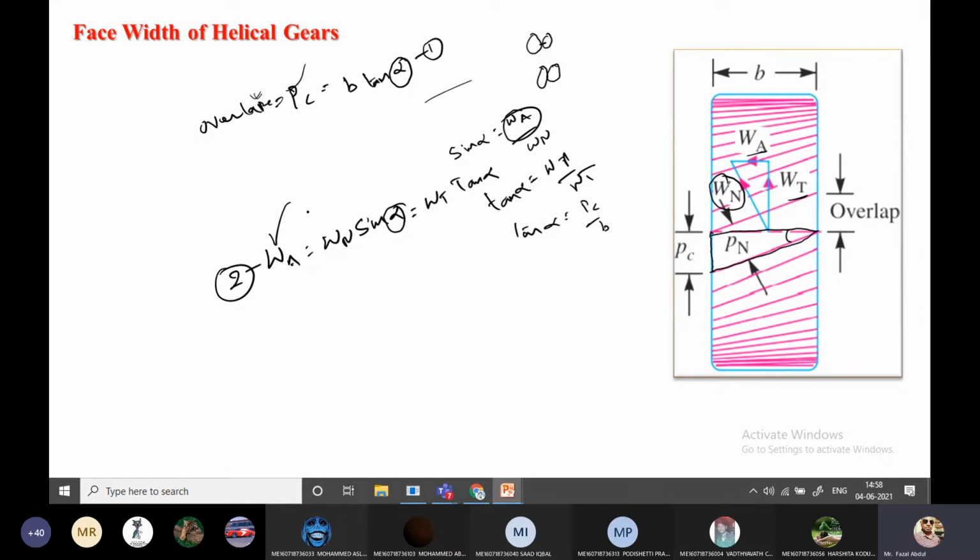This axial thrust is not desirable for the design of helical gears, and there are chances of failure of the helical gear when the value of WA increases. To overcome this failure, the standard statement is given: the overlap, otherwise axial pitch, should be 15% greater than the Pc value.